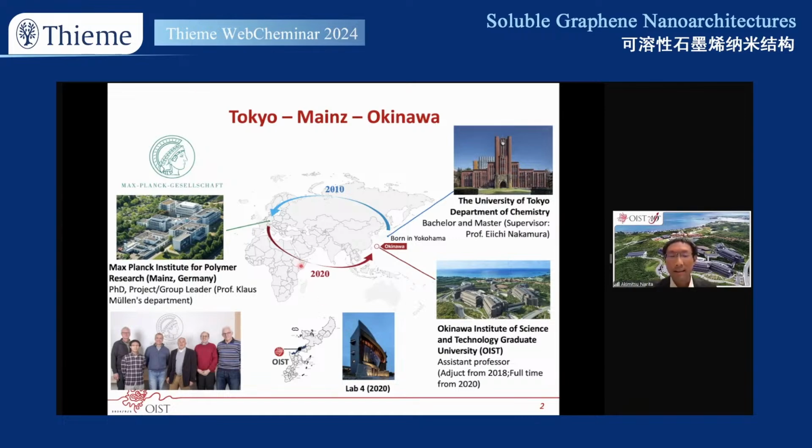And in 2020, I moved to Okinawa, where I'm now doing my research. I live here on Okinawa Island. This is, in a way, the center of East Asia, close to Japan, Seoul, China and Southeast Asian countries. So if you are interested, please let me know, and I'm very happy to host you here.